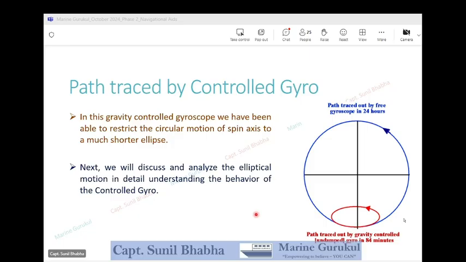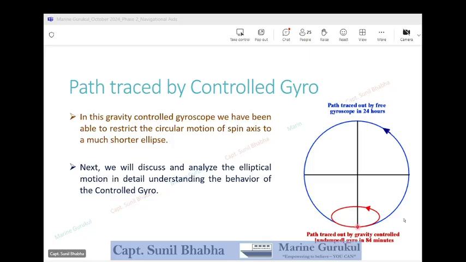Questions which may be arising in our mind are: why does the controlled gyro follow an ellipse? Why doesn't it make a small circle, or why doesn't it move in, let us say, a square kind of motion or a triangular motion? Why only elliptical motion? And why does the ellipse behave in this way?